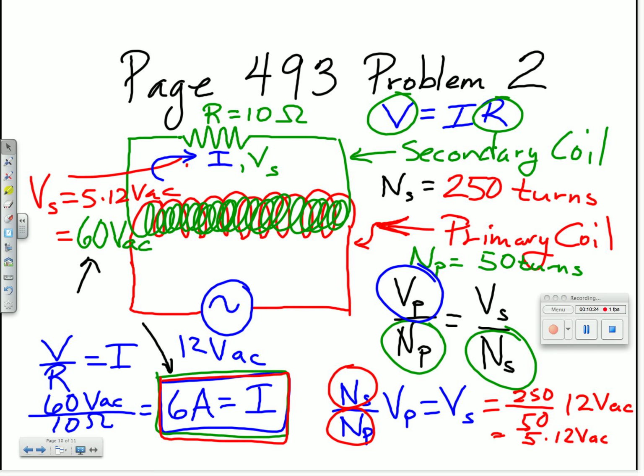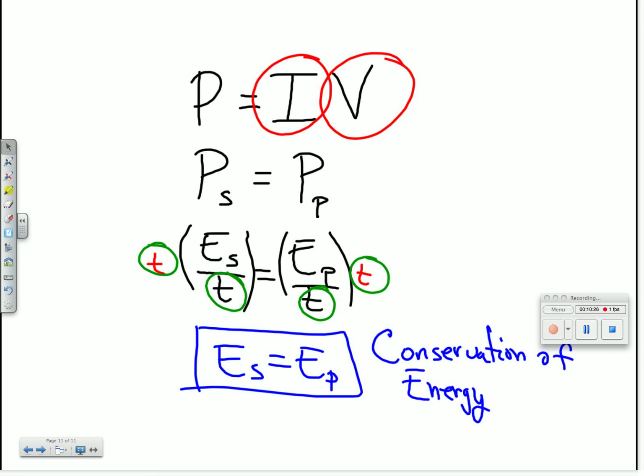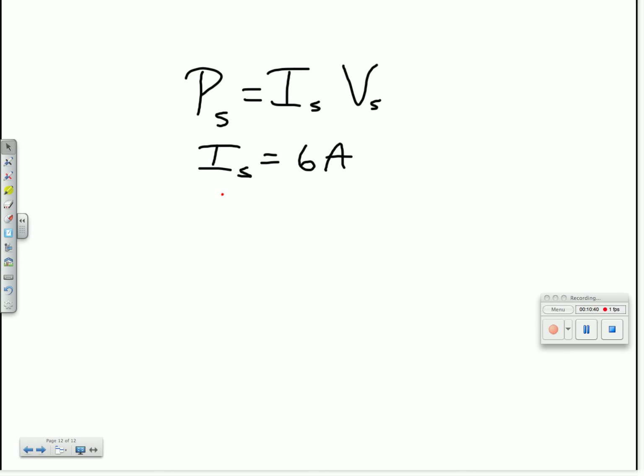So we know our power in our secondary. Power in the secondary is equal to current in the secondary times voltage in the secondary. Current in the secondary is 6 amps. Voltage in the secondary is 60 volts AC.